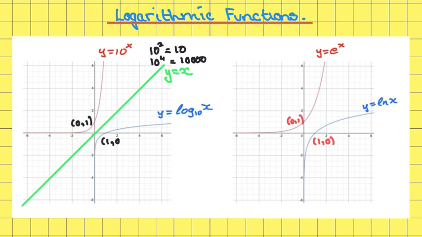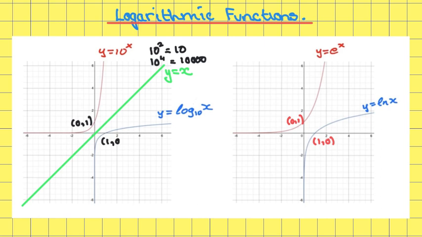And why is this? Well, if you look at the exponential graph, there is no value of x that would ever give you a negative value. E to the minus 2 is just 1 over e squared. So it's never going to be negative.